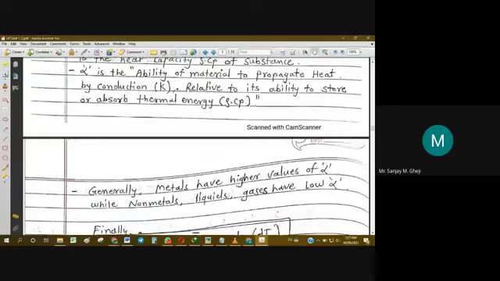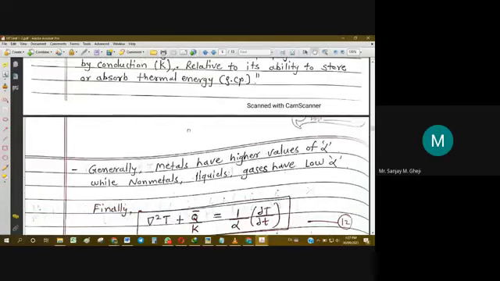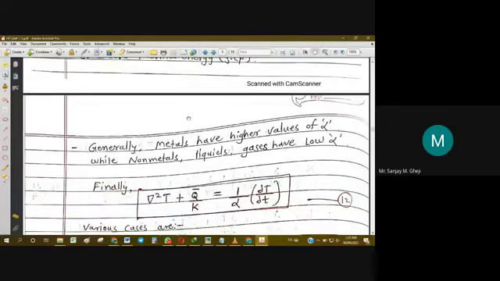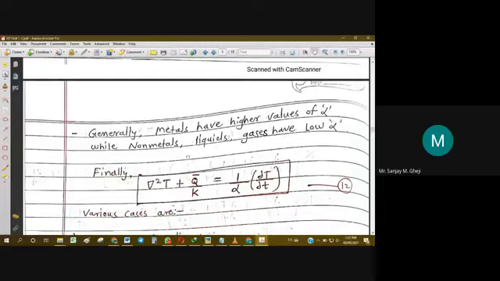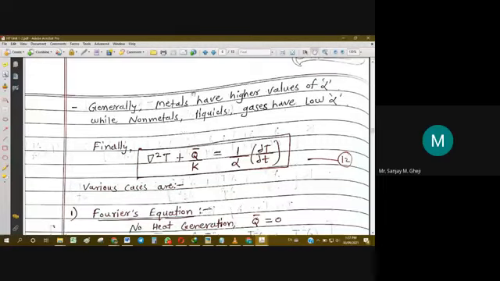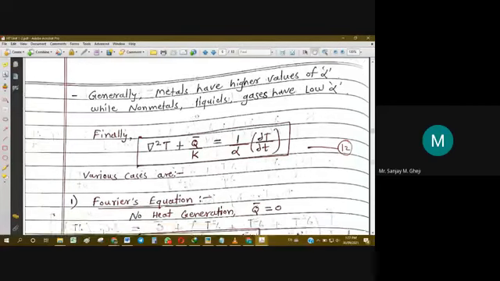So whenever any plastic or rubber material is heated, they will first absorb a large amount of energy, and conduction through them will be very less as compared to the energy storage. So this is how we can compare one material to another on the basis of alpha.